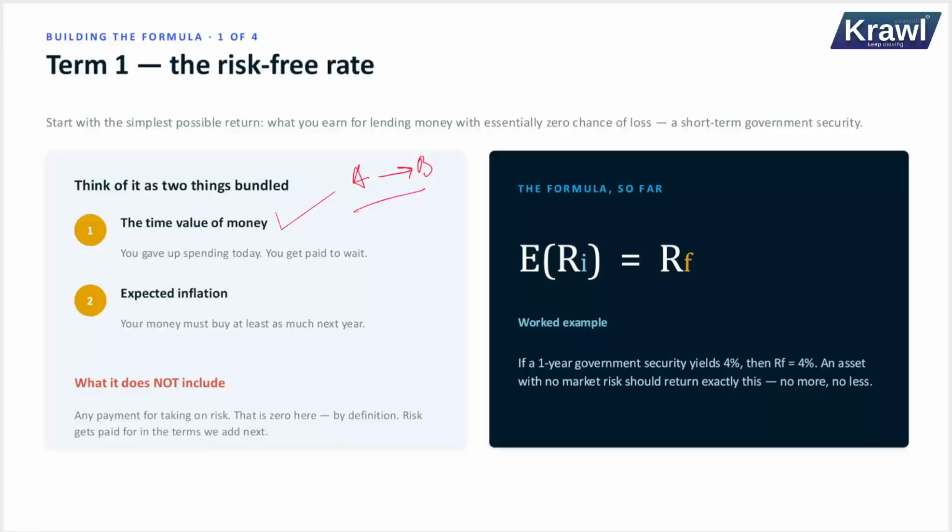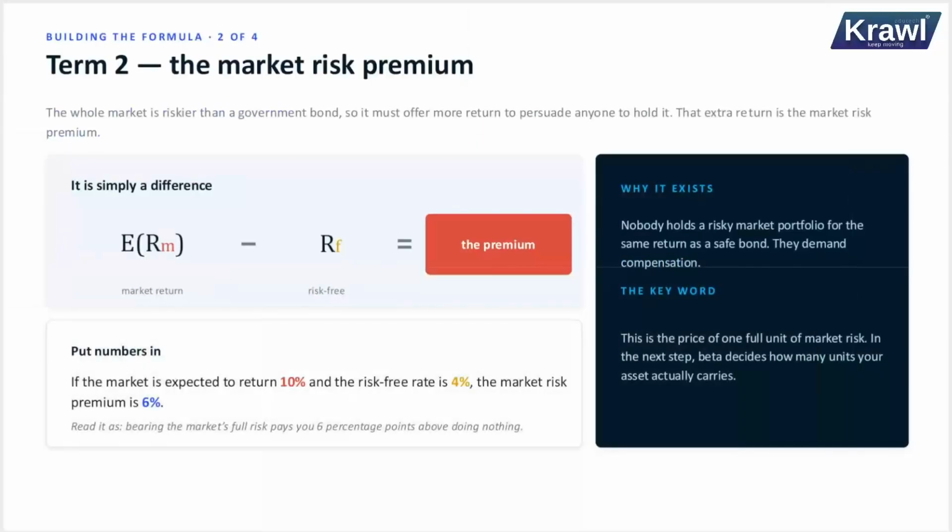Now let's look at the second term, and that is the market risk premium. And this is the heart of the whole thing. And the logic is the whole market, all the stocks together, is way riskier than a government bond. So why would anyone hold it for the same return as the safe bond? Let me phrase it once again for you.